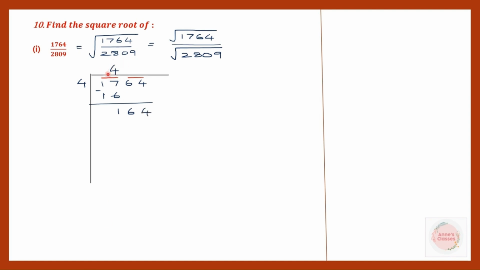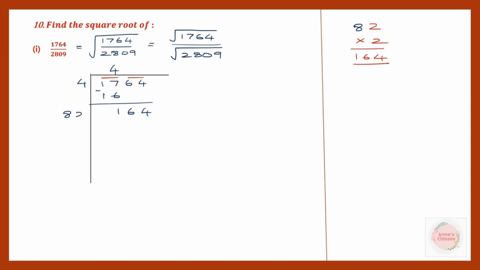Now we double this 4. So 4 becomes 4 into 2 is 8. Now we put a digit next to 8 to get a number close to 164. So let's try. Let's put 8, and next to it let's put the digit 2 and multiply by 2. 2 2s are 4, 2 8s are 16. So we've got 164, the same number as this. That means next to 8 we have to put the digit 2.